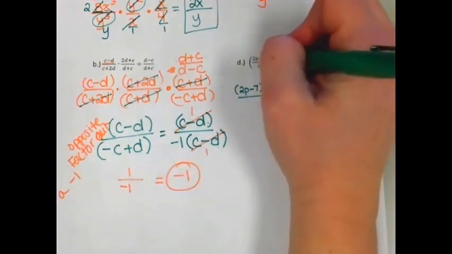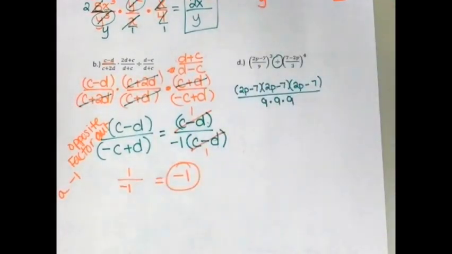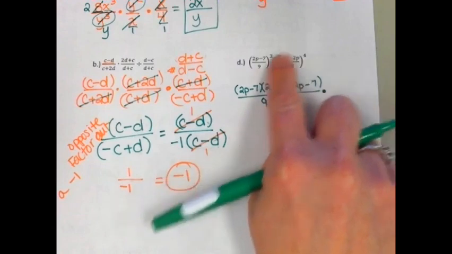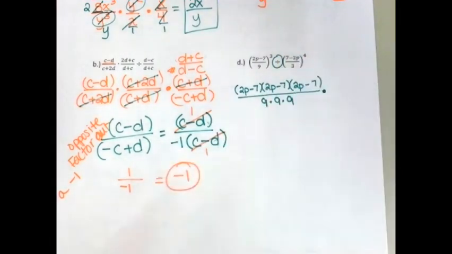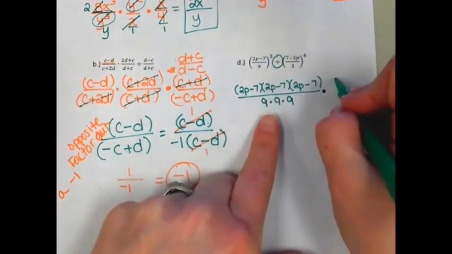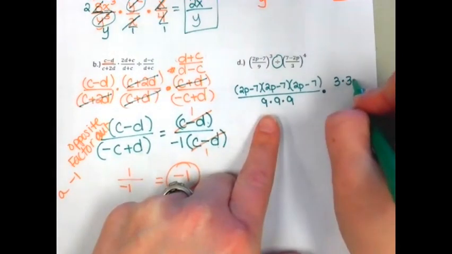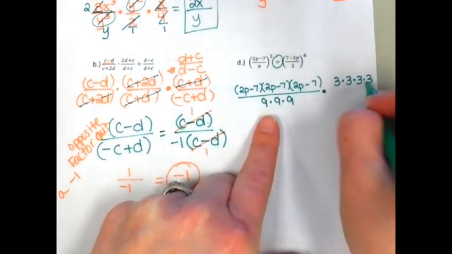Now, dividing means what? Times, correct? Times. And then what do I do with this? I'm going to flip it, right? So can I go ahead and flip it at the same time I do the exponent? Are you guys okay with that? So 3 to the 4th power, isn't that 3 times 3 times 3 times 3?